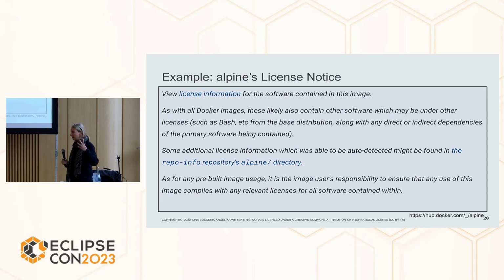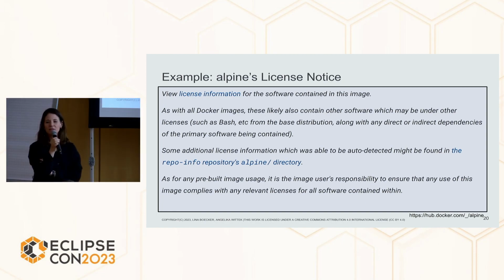So maybe not at root level, because a license at root level means something special. So maybe you make a legal docs folder, or however you want to call it, and just put the information in. So highly recommended also from a legal point of view, because what you can show by doing that is that you use best efforts to be compliant with licenses.